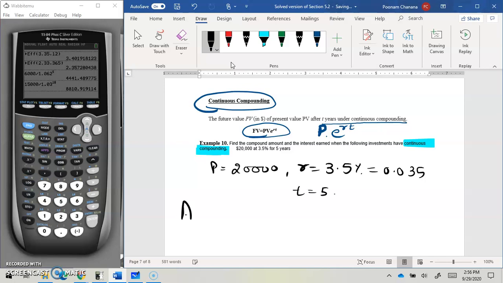The amount, or future value, is given by the formula principal times e raised to the power rt. Principal in this case is 20,000 times e, an exponential number, raised to the power 0.035 times 5.